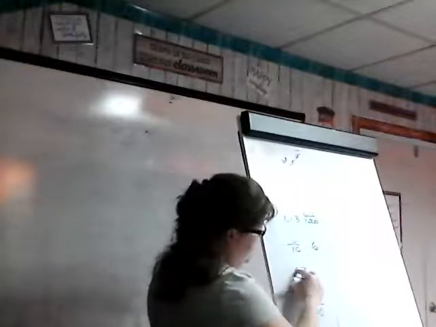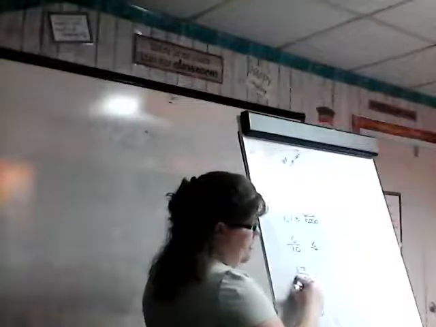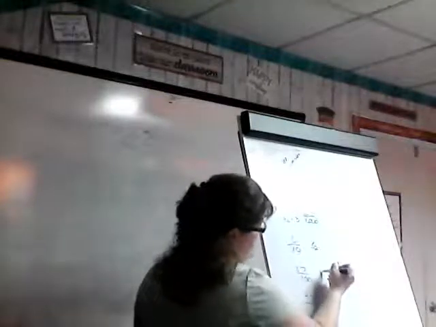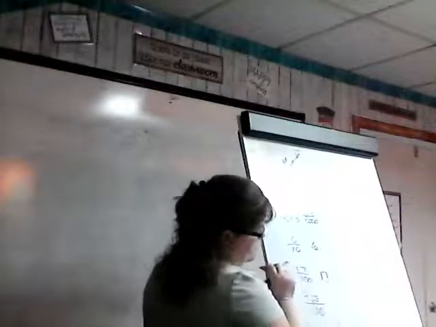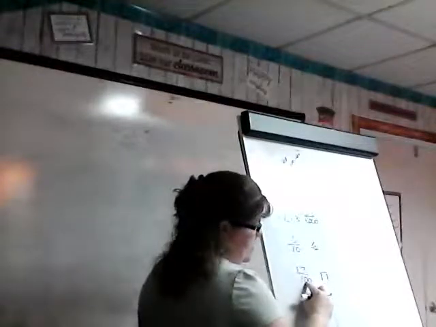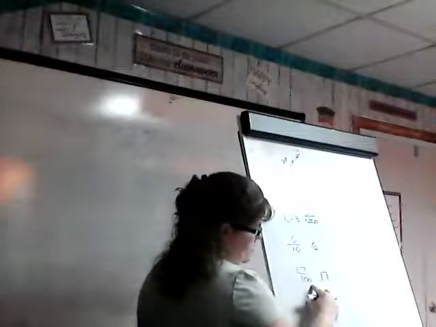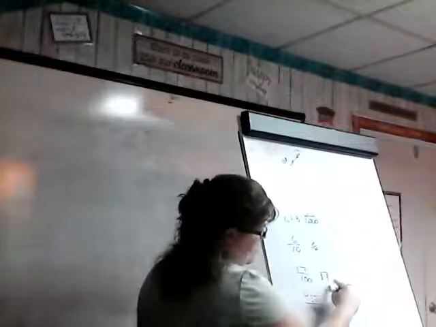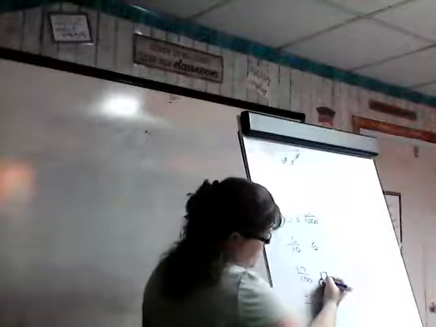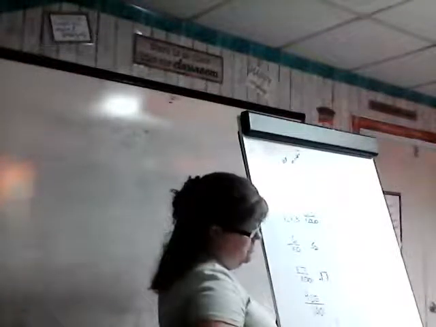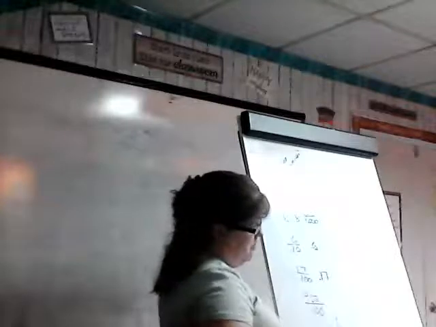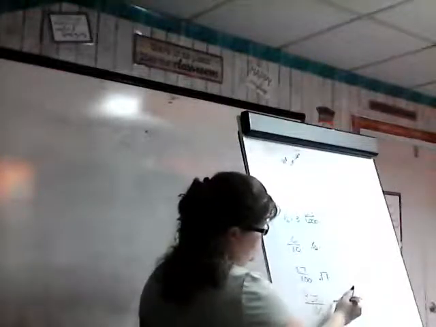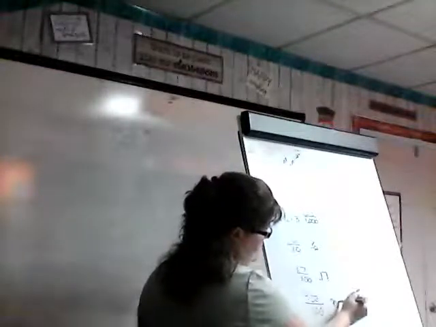Okay, so let's look at this one. To write 17/100 as a decimal, I'm going to write the number 17. How many zeros do I have? 2. So how many numbers do I have? 1, 2, and then I'm going to put my decimal point. Okay, so this one, I'm going to write my 903.